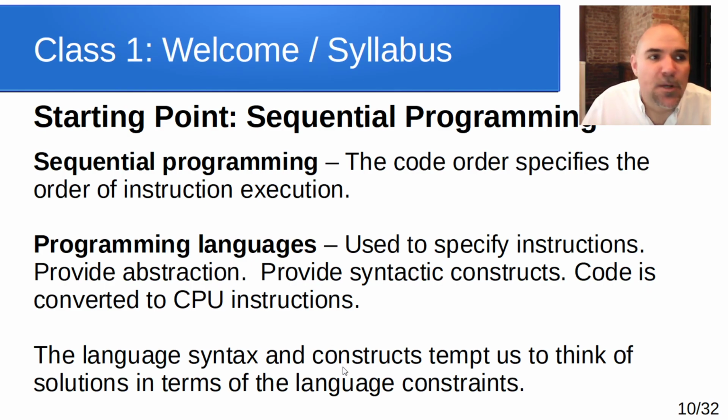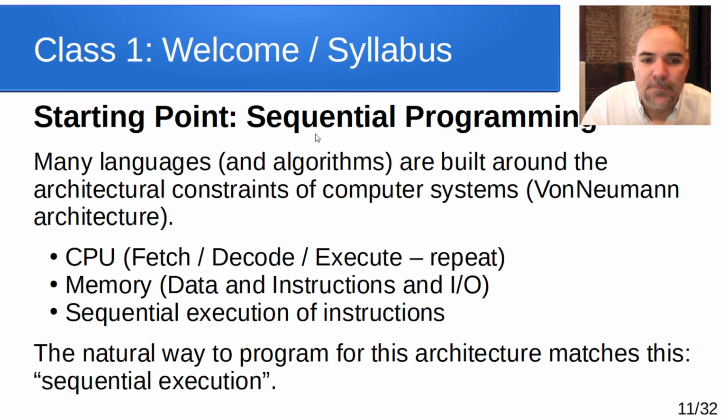If you have an object-oriented language like C++ or Java or even Python, you'll probably think about how to solve problems differently than if you have an imperative language like Pascal or C. So it's important to understand that a programming language constrains how we think about solving problems. And one of those constraints is on the sequential nature of doing one thing after another.